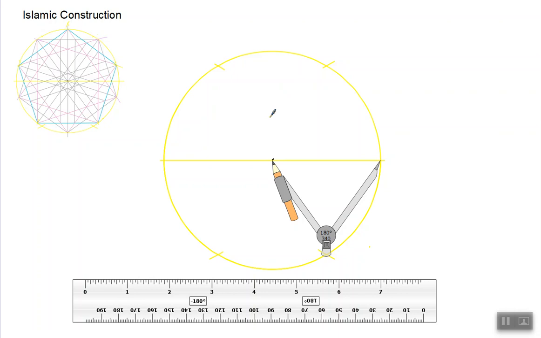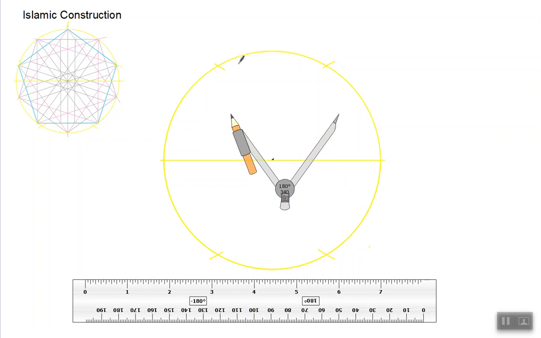Well, I want to reduce the number of marks inside the circle. So instead of bisecting the diameter, I am going to find the perpendicular bisector of the line that goes through these 2 points. Now, I'm not going to draw this line. That's an extra line. I don't want it.